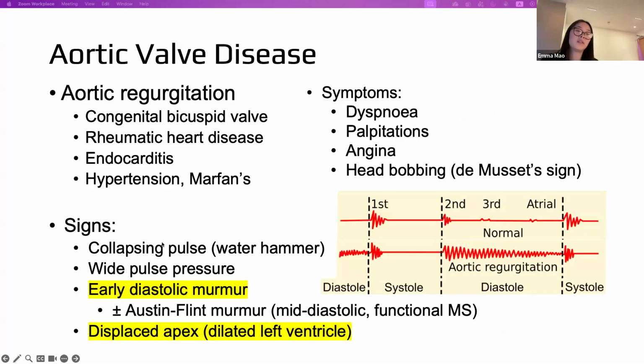And then signs include the collapsing pulse, so that test that you do when you lift the arm up, so the water hammer pulse, a wide pulse pressure, and then an early diastolic murmur, and then a displaced apex beat as well, due to the ventricle often being dilated. Here we see this diastolic murmur occurring in diastole, and then symptoms also include dyspnea, palpitations, angina, and head bobbing. That probably won't come up, but that's aortic regurgitation.